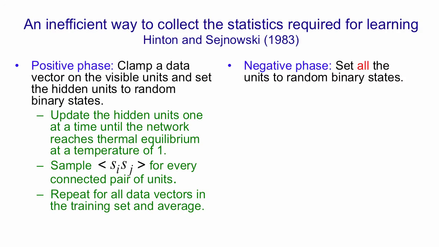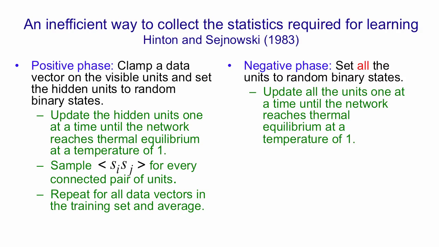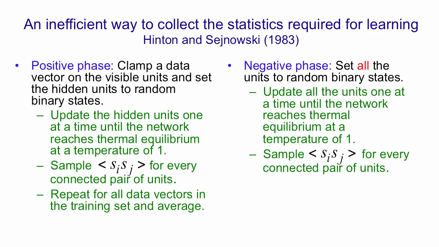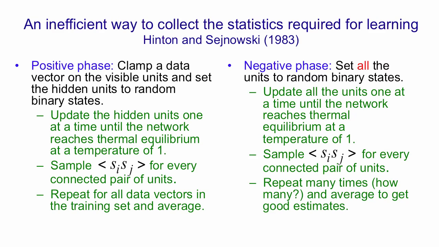So you set all of the units, both visible and hidden, to random binary states. And then you update the units 1 at a time until the network reaches thermal equilibrium at a temperature of 1, just like you did in the positive phase. And again, you sample the correlation of every pair of units i and j, and you repeat that many times.